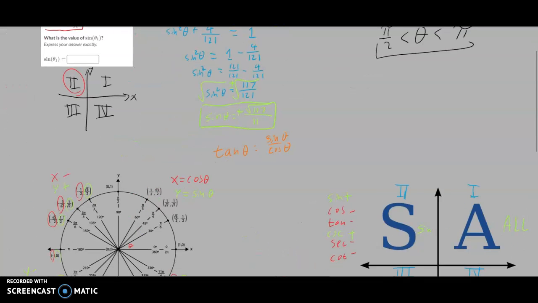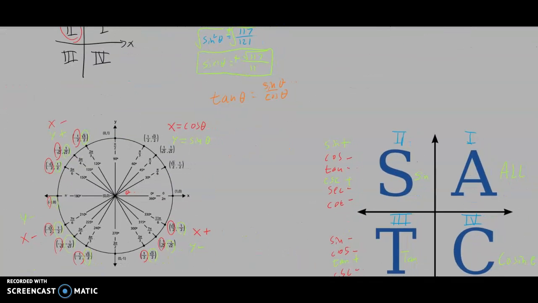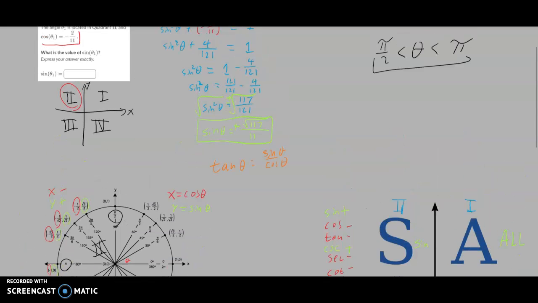So if theta is in between pi over 2 and pi, we know that pi over 2 is right here on the y-axis at 90 degrees, and pi is right here on the negative x-axis at 180 degrees. So we know that theta still has to be within these bounds. It's still the second quadrant, but they didn't tell you explicitly it's in quadrant 2.